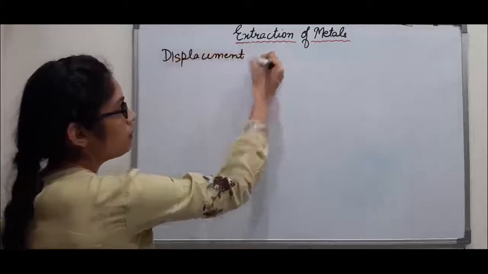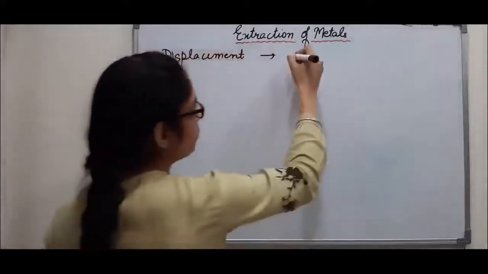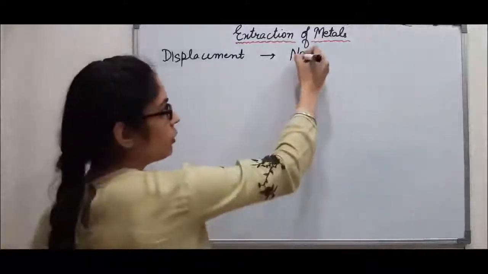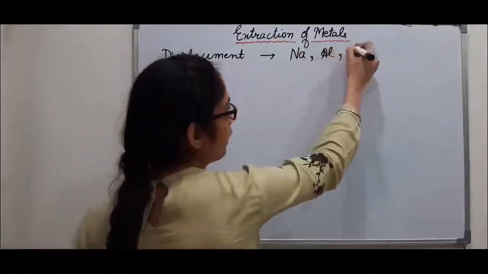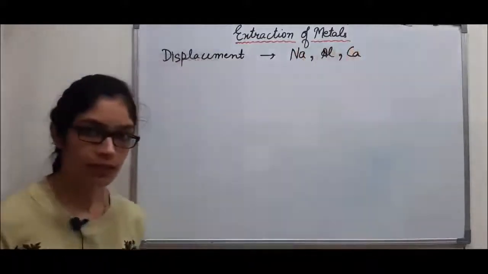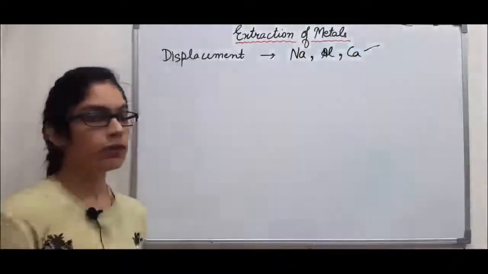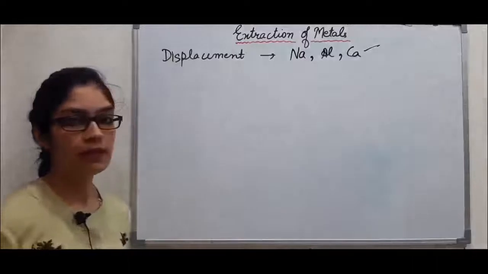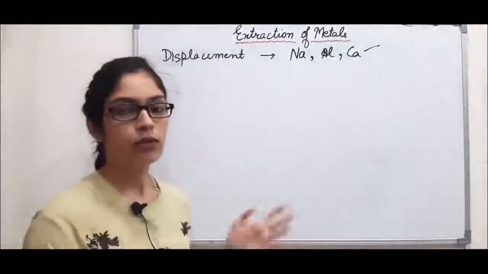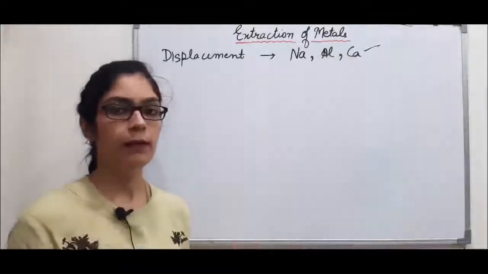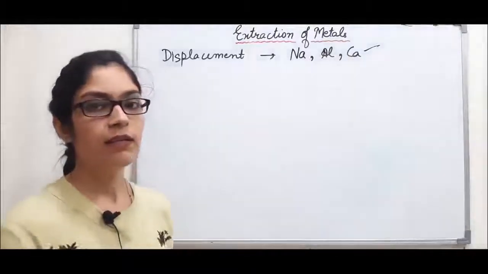The metals which are used in displacement reactions are sodium, aluminium and calcium, because in the reactivity series we have done that these metals are highly reactive. These metals will displace the less reactive metal from its oxide, and they themselves will get oxidized, leaving behind the metal.